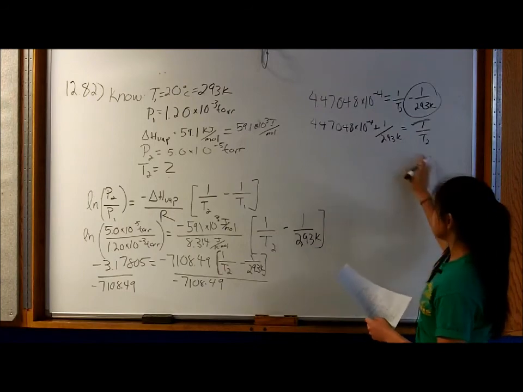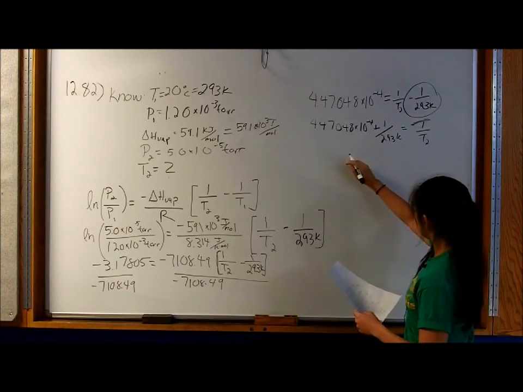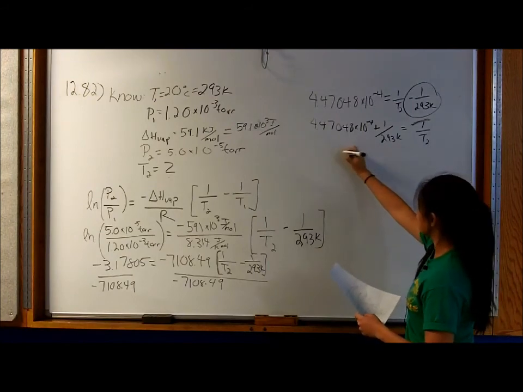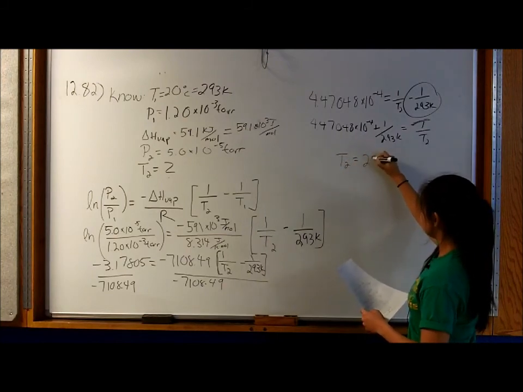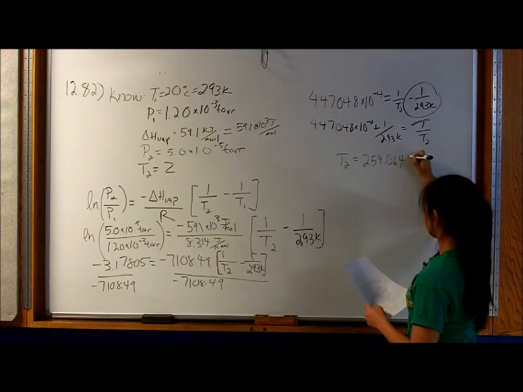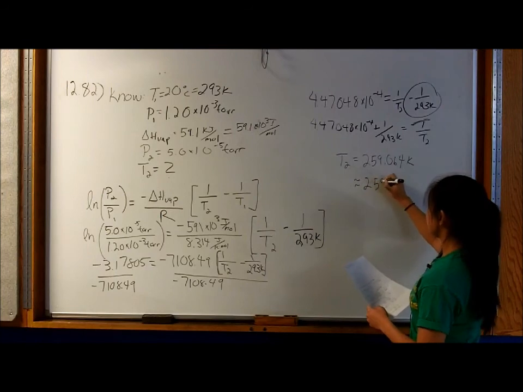So now all you have to do is add them together, and then you flip it because you want the inverse of it, you get T2 equals 259.064 Kelvin, which equals approximately 259 Kelvin.